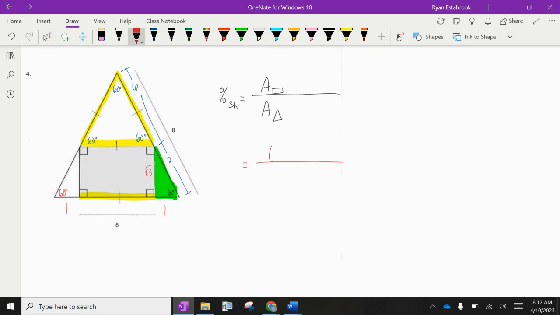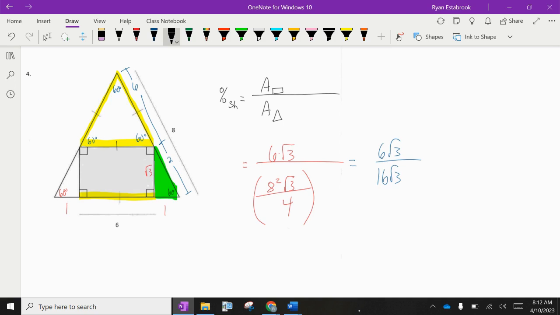Area of the rectangle is base times height. The area of the regular triangle is side squared root 3 over 4. 8 squared is 64, root 3 over 4. 64 over 4 would be 16 root 3.